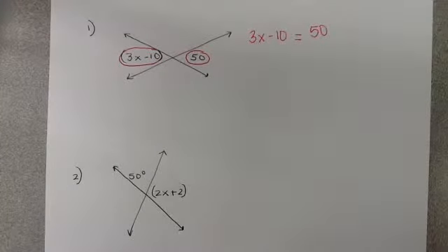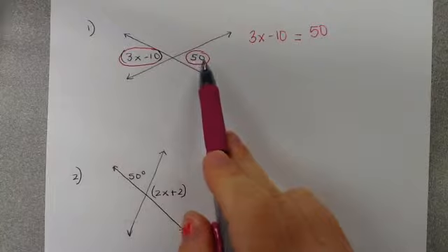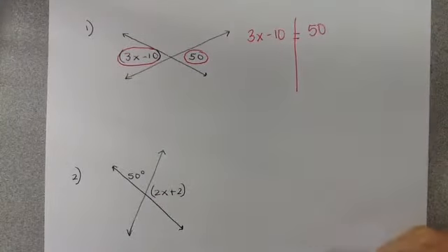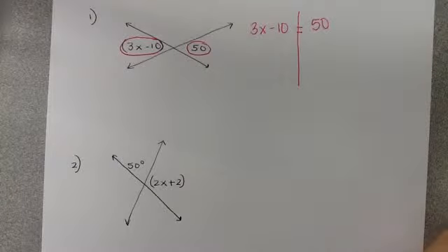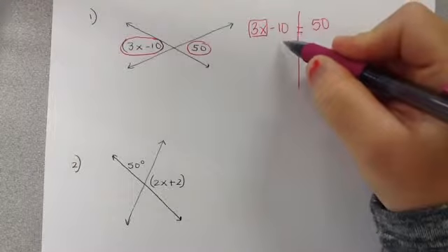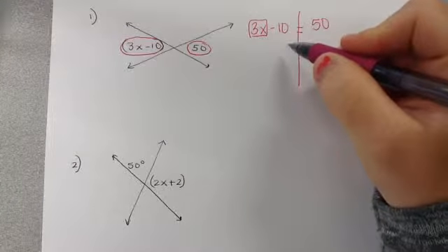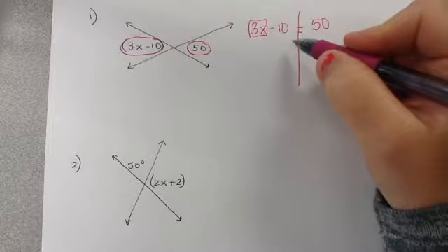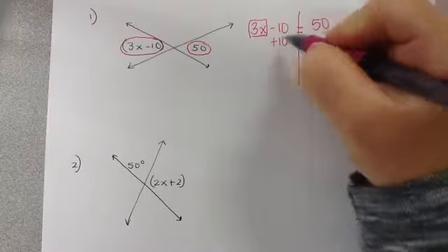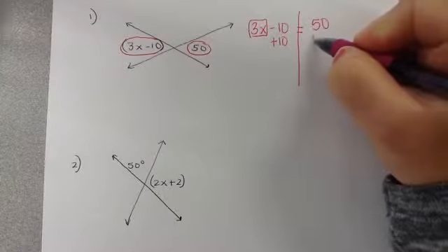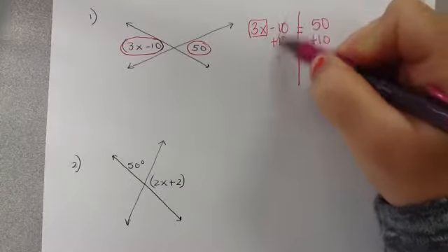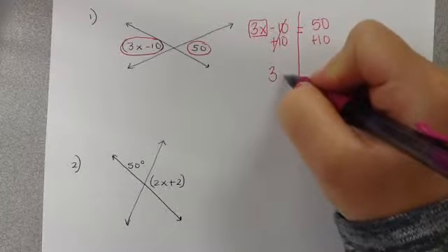Vertical angles are equal, so this angle equals this angle. And now this is just a two-step equation that we can solve. What piece do we want to get rid of first? The minus 10. Why do we want to get rid of the minus 10 first? It's not attached to the variable. How do you get rid of a minus 10? Add 10, and what I do on one side, I must do to the other. What happens here? They cancel.